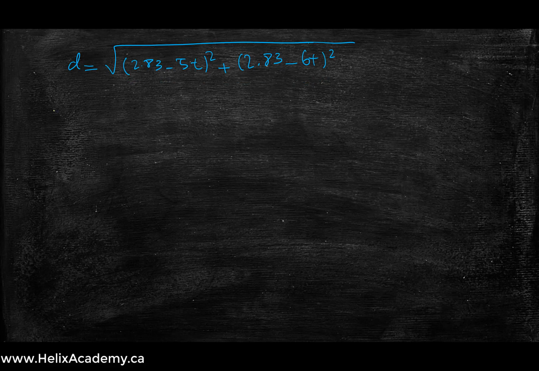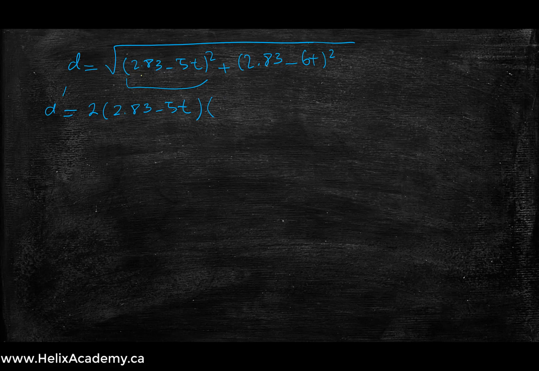Now my d prime is going to be the derivative of the first part, so 2 times 2.83 minus 5t. Deduct 1 from the power, so 2 minus 1 is 1, and then take the derivative of what's inside.